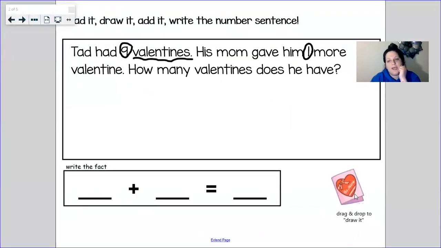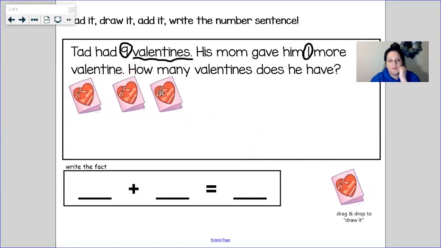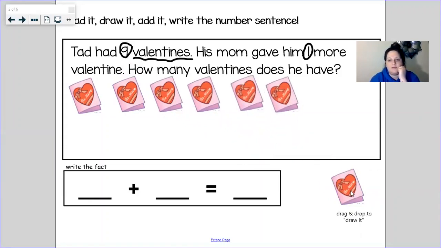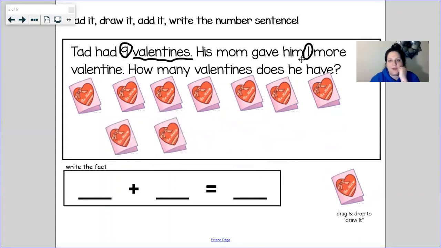And while I move mine, I'd like you to draw a picture for yours. So Tad had 9 Valentines. So I'm going to start with 9. 1, 2, 3, 4, 5, 6, 7, 8, 9. And then his mom gave him 1 more, so we'll add 1 more. So let's write our math fact right here.